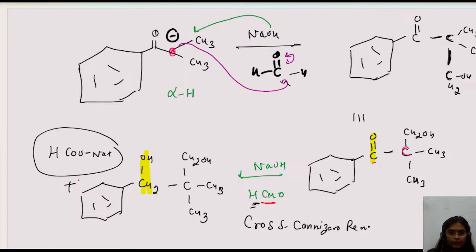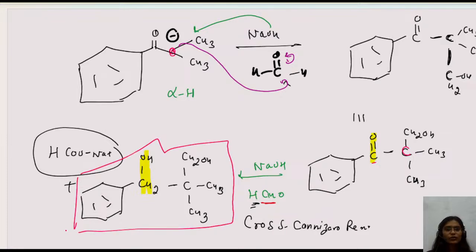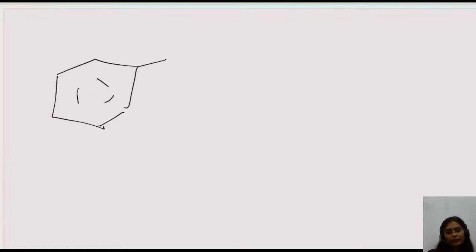Now again, since we are using excess of NaOH, as long as we have a choice, we can go further. So let's go. In this case again, this is a benzene. Now here CH2, here the OH group is connected, right?